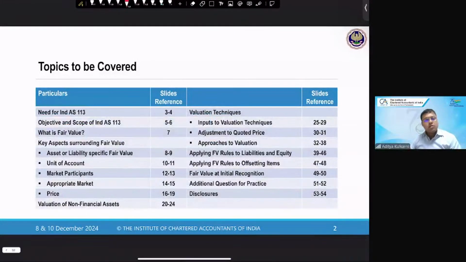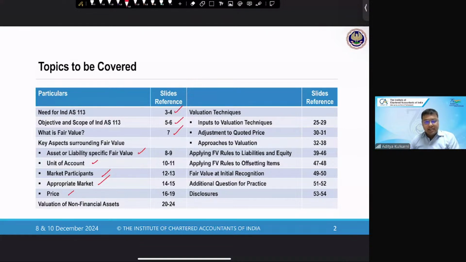So if I come back to our summary of what all we have covered so far, we have covered need for Ind AS 113 along with objective and scope. We have also covered the meaning of fair value. What are the aspects surrounding fair value, whether it is asset or liability specific, unit of account, market participants, appropriate market, and price.